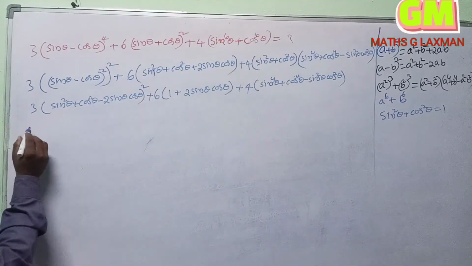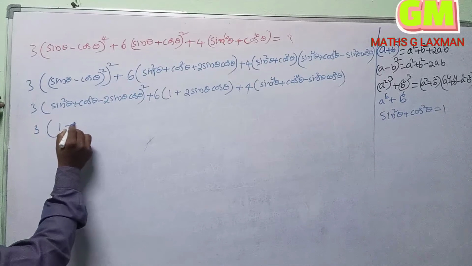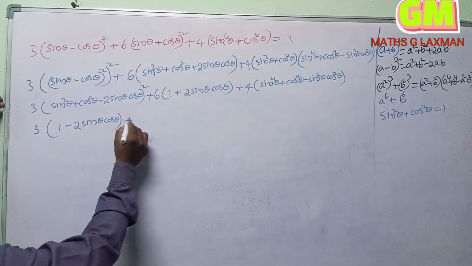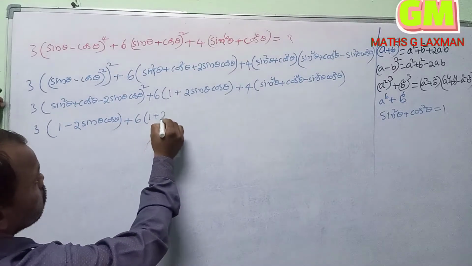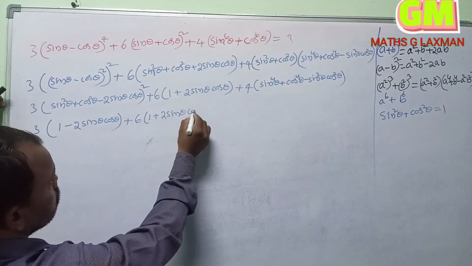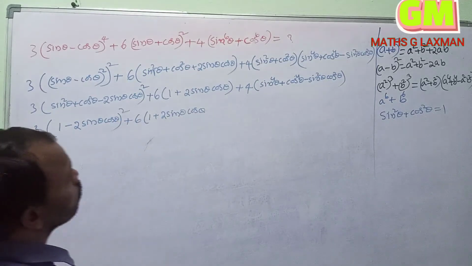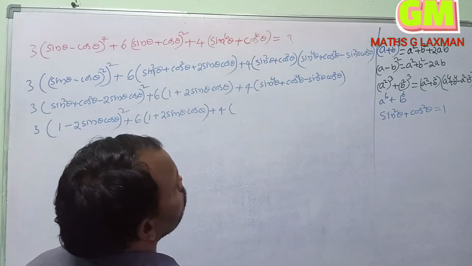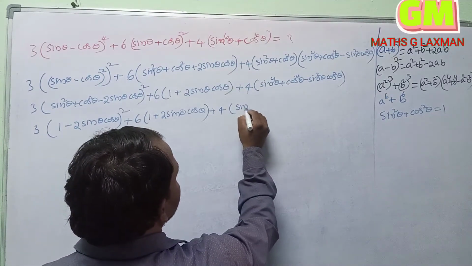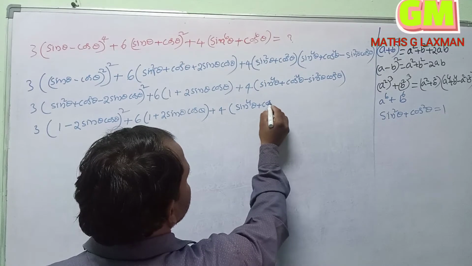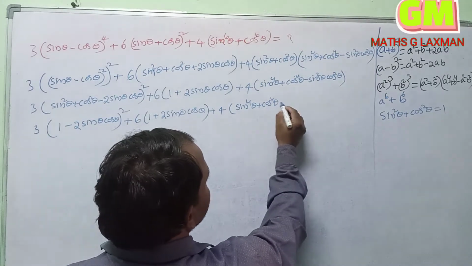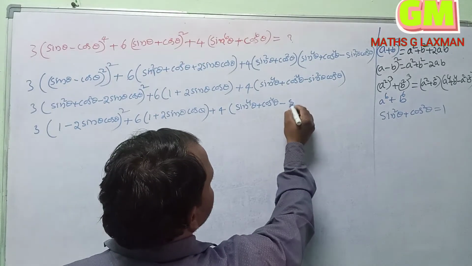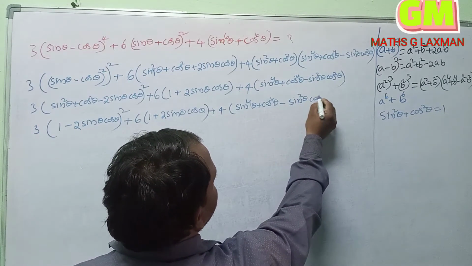Sin²θ + cos²θ is 1. So 3 into (1 − 2 sin θ cos θ) plus 6 into (1 + 2 sin θ cos θ) whole square, plus 4 into (sin⁴θ + cos⁴θ − sin²θ cos²θ).